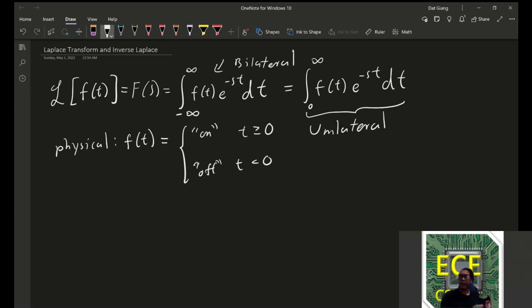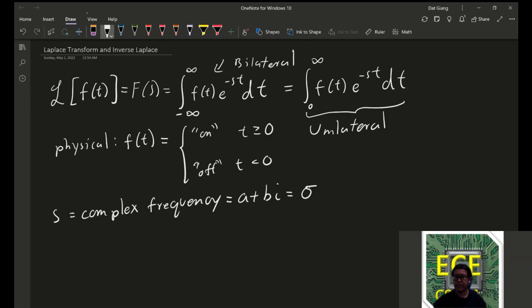Now, the second thing is that s, as mentioned before, is a complex frequency. In mathematics, we usually just denote it by some a plus bi, but due to us using engineering notation, we instead want to describe it in terms of its real frequency and its radian frequency, given by sigma plus j omega.